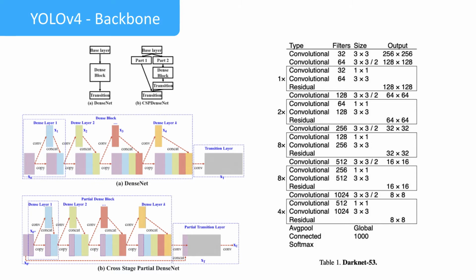CSPNet separates the feature maps input from the dense block into two parts, and this reduces the computational complexity. CSP Darknet 53 also has a higher accuracy in object detection compared to architectures based on ResNet. The accuracy is also improved with the Mish activation as previously shown. So it's easy to see how all these things, like BOF and all these BOS methods, come together as incremental improvements that together have a significant jump in improvement.